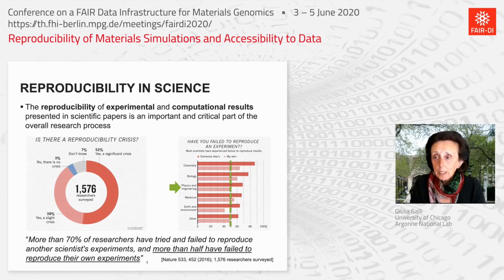I think it has happened to probably everybody on this call to have tried to reproduce some data published out there, or even your own data, and not been able to do so.